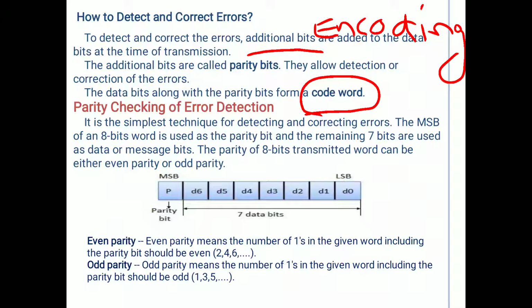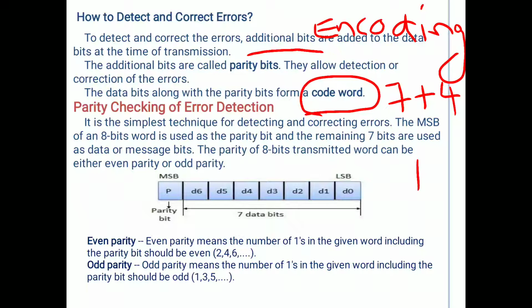For example, if the data bits are 7, and for those 7 data bits we add 4 redundant bits, which are parity bits, then the complete code word contains 11 bits. That 11 bits is called the code word. In later classes we will discuss what a code word is, what parity bits are, and how we can add these redundant bits, everything in the further classes.